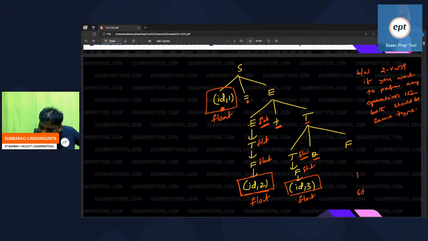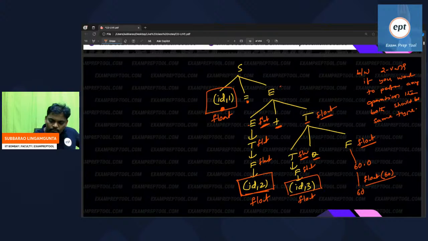Convert this one: float type conversion, float 60. Then it became 60.0. You have done the typecasting. 60.0 will go here. Then it became float. Float into float, float plus float. Float will be assigned to float.